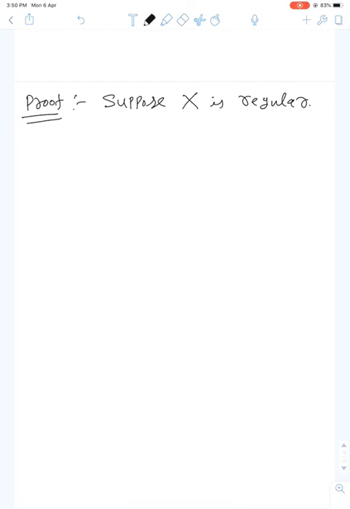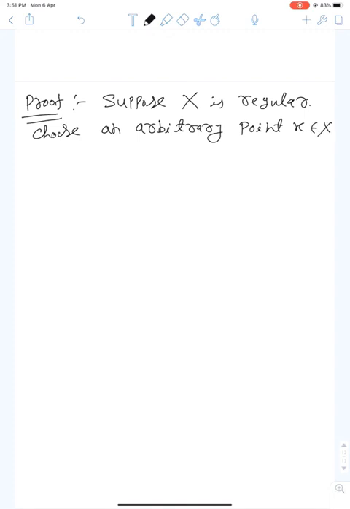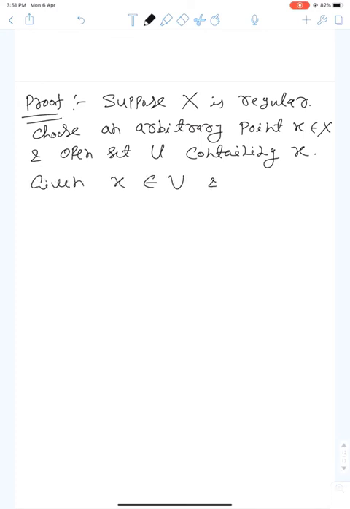That means choose an arbitrary point x in X and an open set U containing x. Now we will prove the existence of such V. Now it is given that x belongs to U and U is open, right?